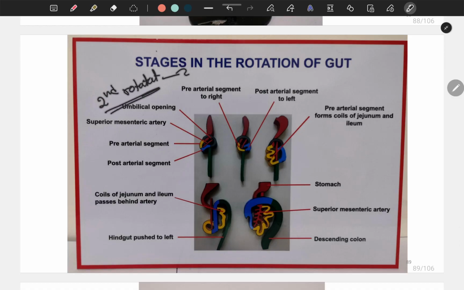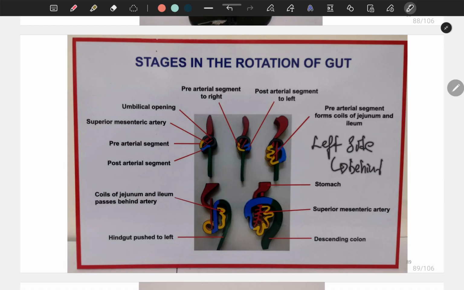Okay, that is again 90-degree anti-clockwise. So the pre-arterial segment rotates and goes to the left side. Before rotation, it forms coils of jejunum and ileum, and then it rotates and goes to the left side, that is behind the superior mesenteric artery.